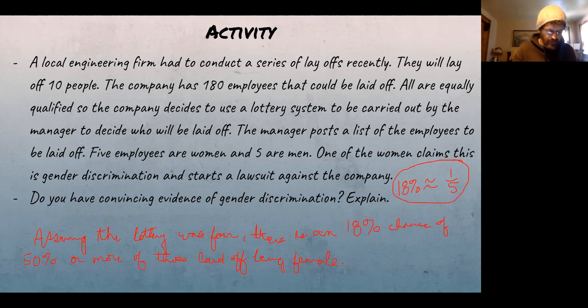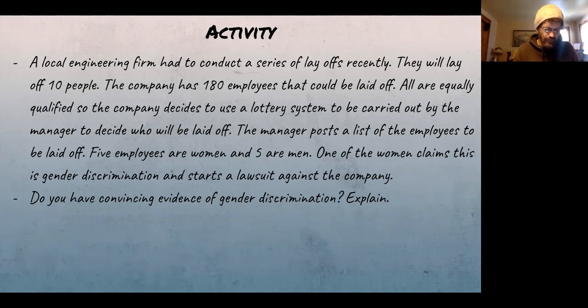And we're going to, again, learn some very hard and fast rules that we follow to determine if we have convincing evidence or not. Right now, I'm leaving it up to your subjective determination.